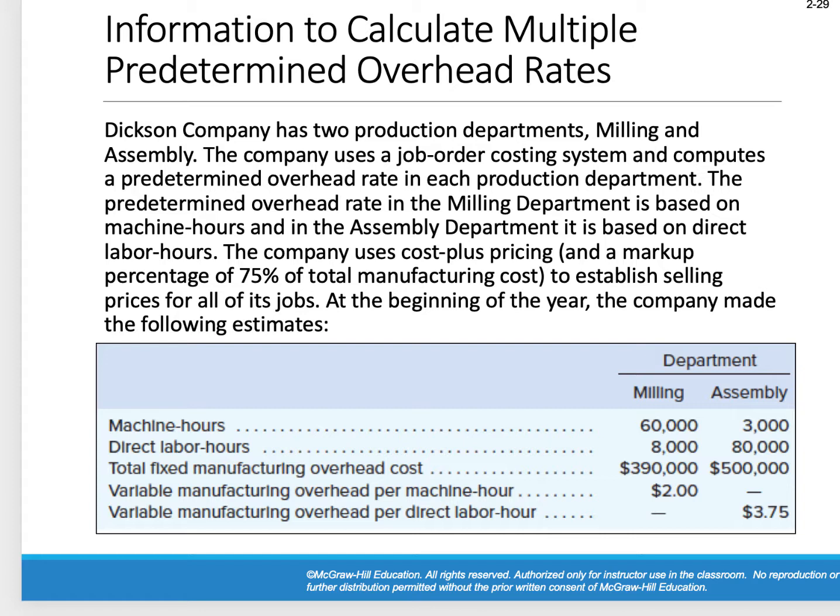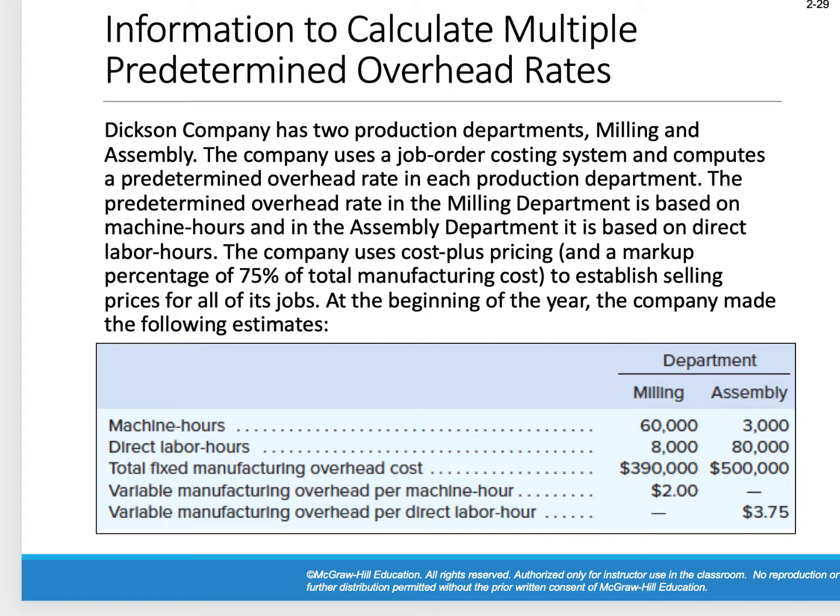Look at the direct labor hours used: 8,000 hours in the milling department compared to 80,000 in the assembly department. So the assembly department heavily uses direct labor hours, so chances are that the manufacturing overhead is made up of indirect labor costs.